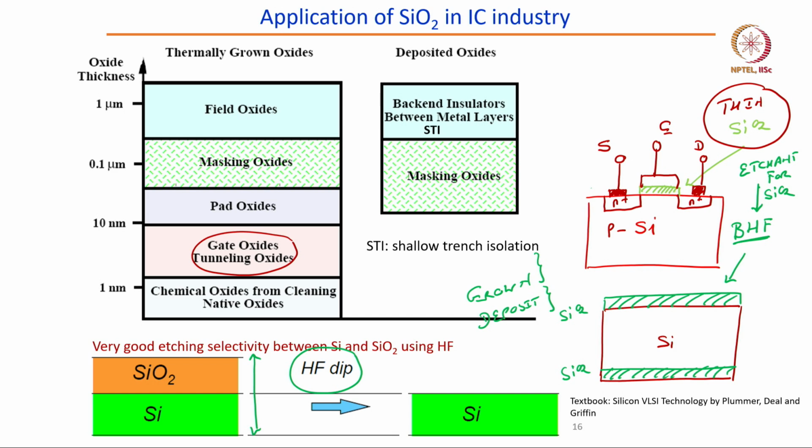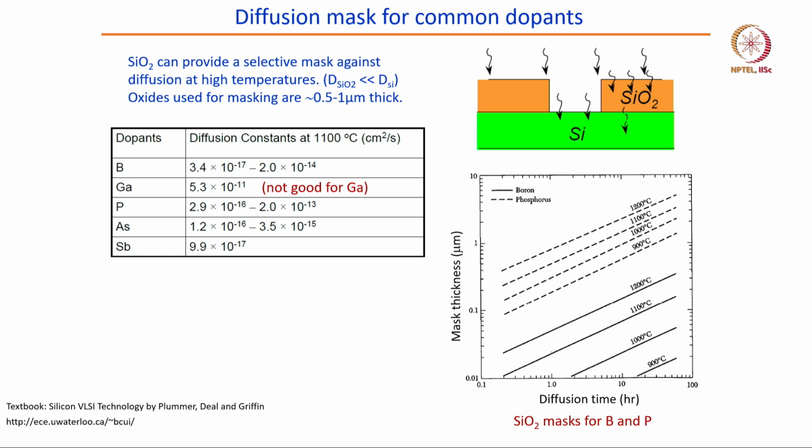Now, let us understand the ways to grow silicon dioxide, and before that, quickly look into this slide, which will help us understand how silicon dioxide can work as a diffusion mask for common dopants, and what the thickness of silicon dioxide should be when we dope p type or n type material like boron or phosphorus.